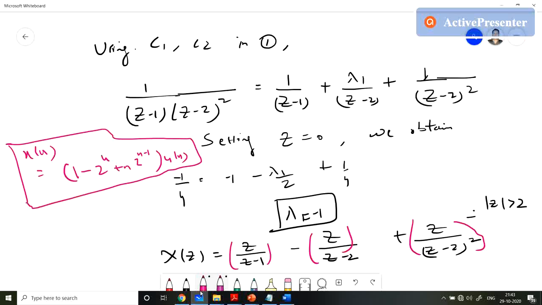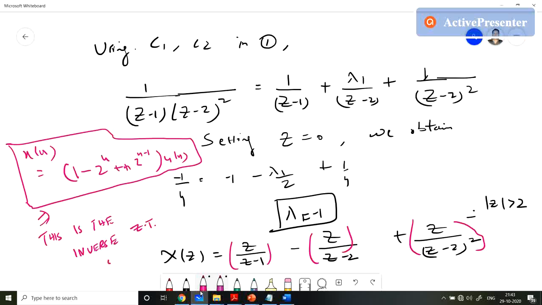This is the inverse z transform of this X(z). So x(n) is equal to [1 minus 2 raised to the power n plus n multiplied by 2 raised to the power n minus 1] into u(n).